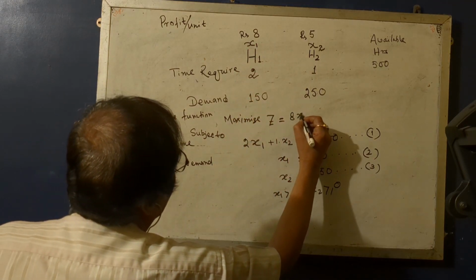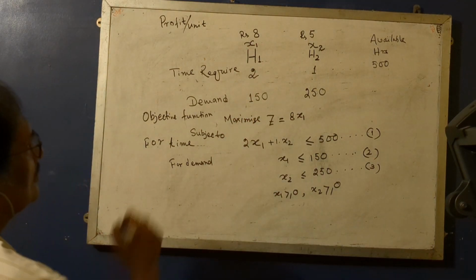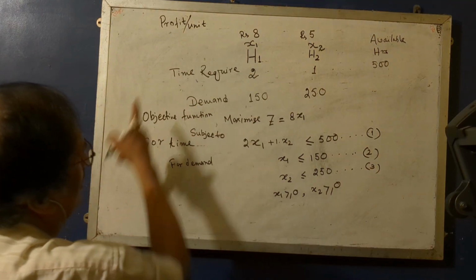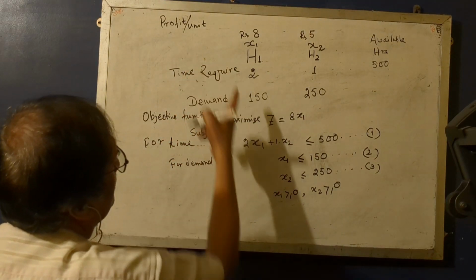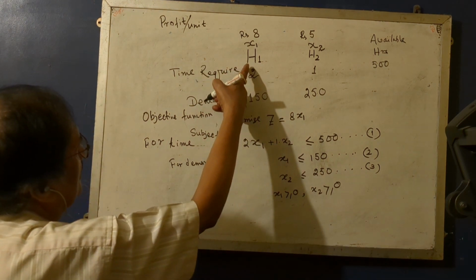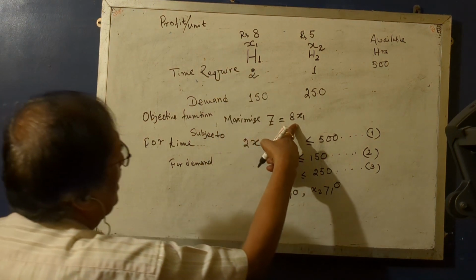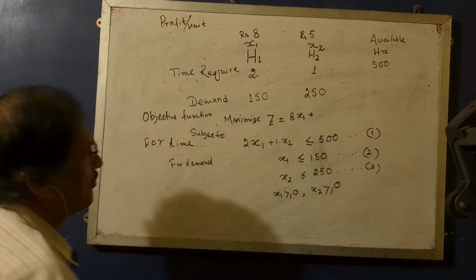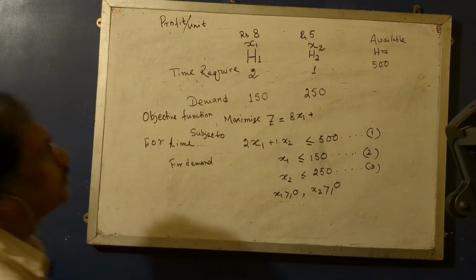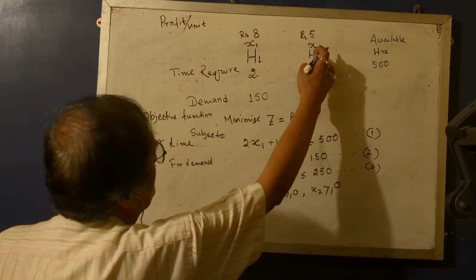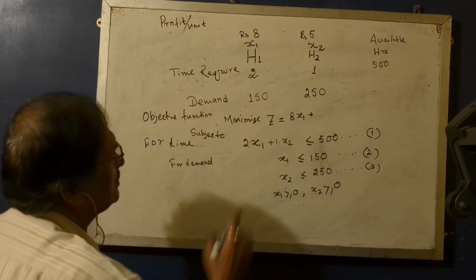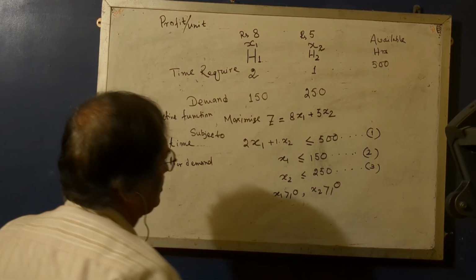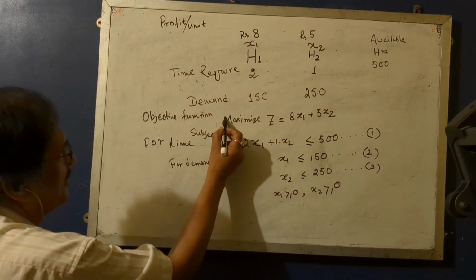That's why the profit will be 8x1. Per unit profit is rupees 8. We are producing x1 units of hat. That's why the profit for type H1 hat is 8 into x1. And for this hat, per unit profit is rupees 5. And you are producing how much? x2. That's why the profit will be 5 into x2. And this will be the profit function.